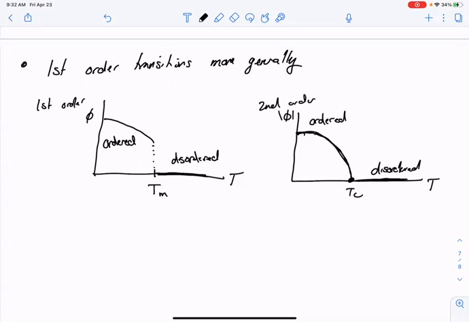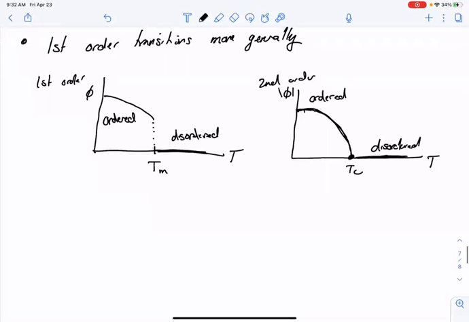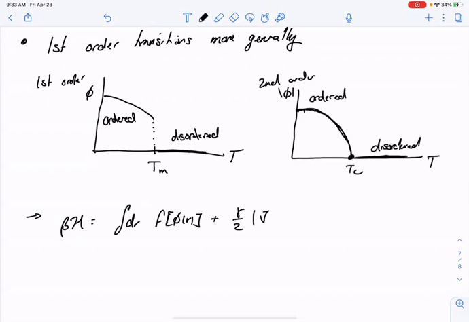If we wanted to describe such with a simple effective theory, the simplest one we could use, again, we'll have the same form as what we've been working with. We'll have some local free energy density and to lowest order, some squared gradient term.